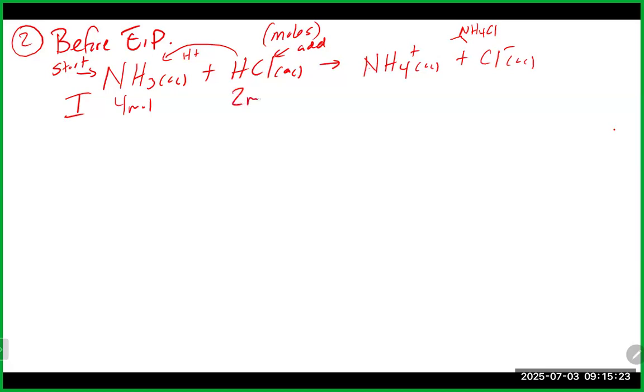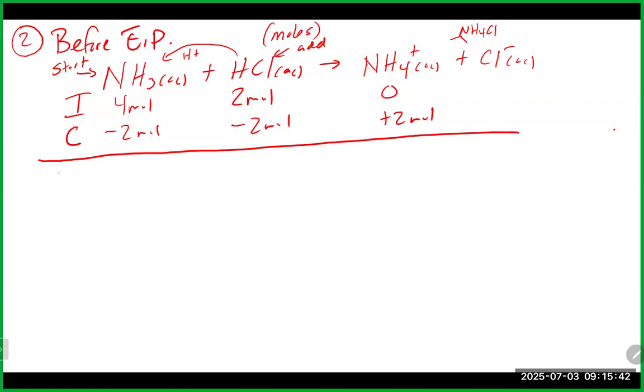And again, making up the number of 2 in this case and 0. Once again, at this point, what we're adding is the limiting reagent because we have not reached the equivalence point. So the change is going to be that one. And plus 2 moles. And here at equilibrium, we will end up with 2 moles of this guy, 0 of this guy, and 2 moles of this guy.